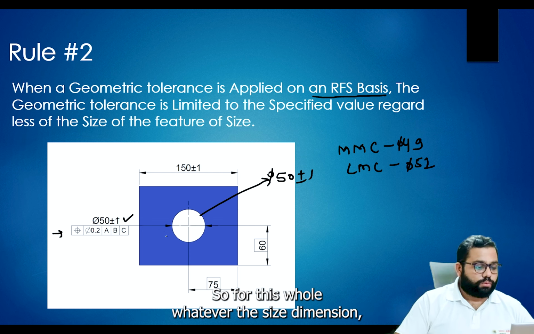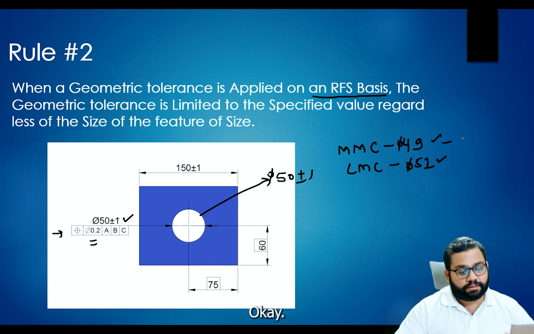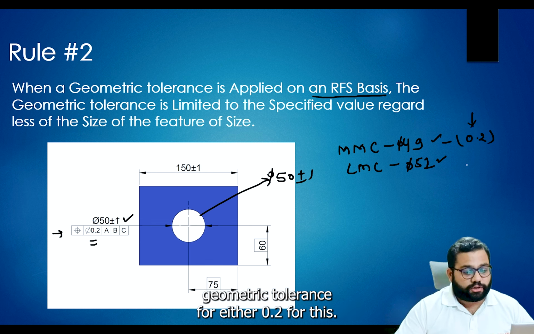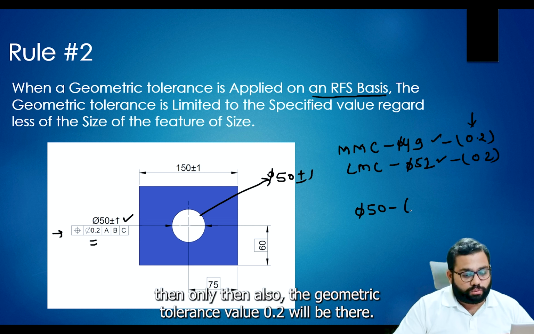For this hole, whatever the size dimension, whether it's MMC or LMC, the tolerance will be 0.2 only. Even if the part is produced at diameter 50, the geometric tolerance value of 0.2 will be there.